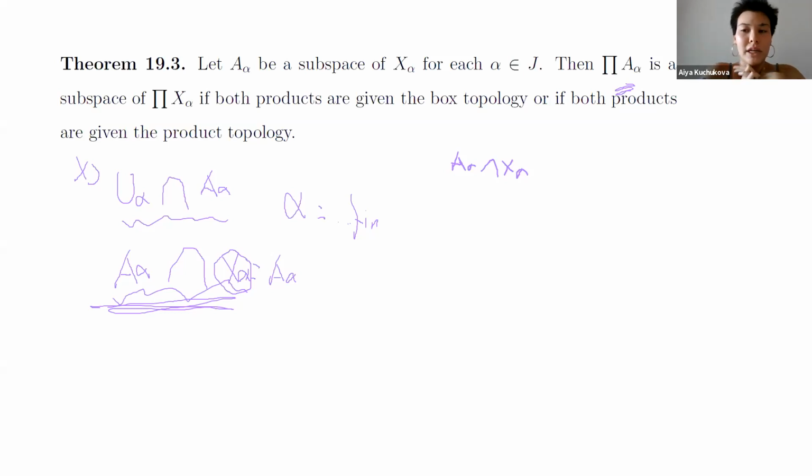So you would have to show that the cross product of A alphas is equal to the cross product of X alphas intersected with some set, right? So it means you would have to have a multidimensional intersection, and I don't think we ever defined it.